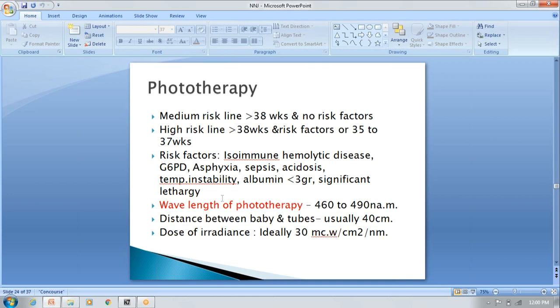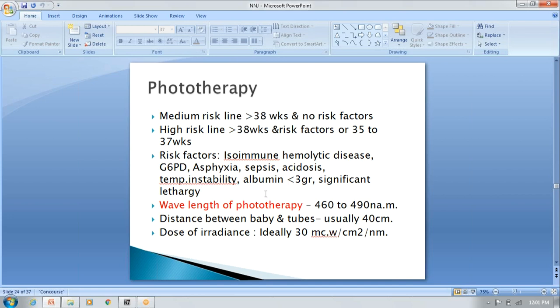We have to consider these for phototherapy at least. There is the line for gestational age more than 38 weeks with no risk factors, and a high risk line for more than 38 weeks with some risk factors. The risk factors I already told you: thermal instability, hemolytic anemia, G6PD, hypoglycemia, hypothermia, lethargy.